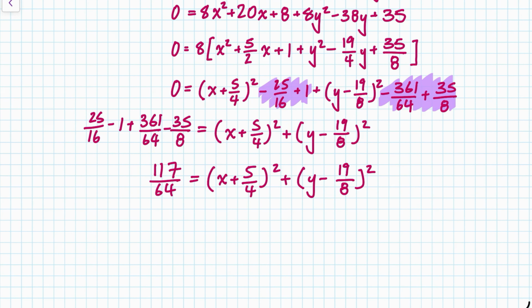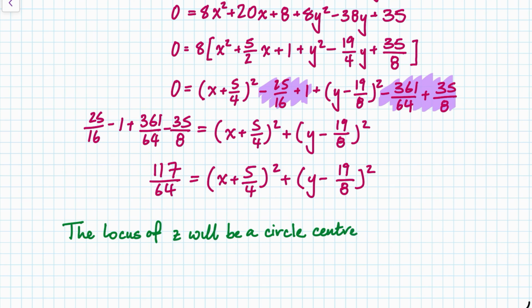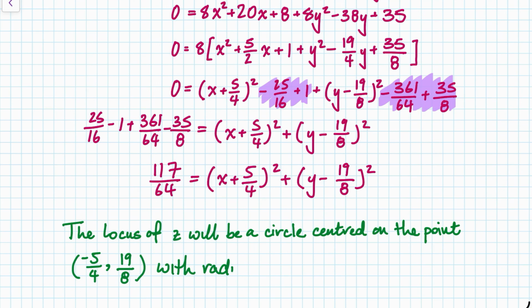So what we could probably say is the locus of z will be a circle centered on the point negative 5 over 4, comma, 19 over 8, with radius equal to square root 117 on 8.